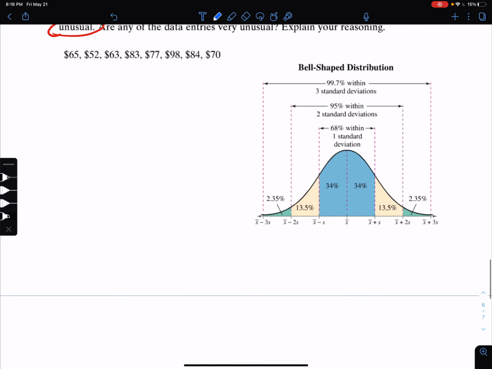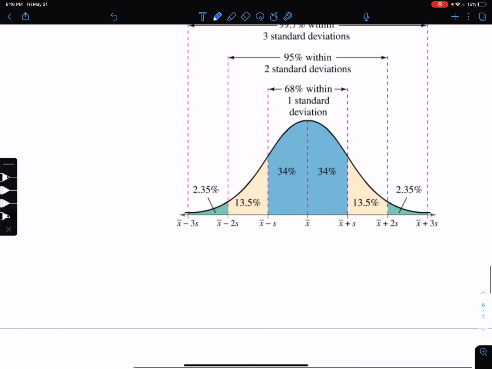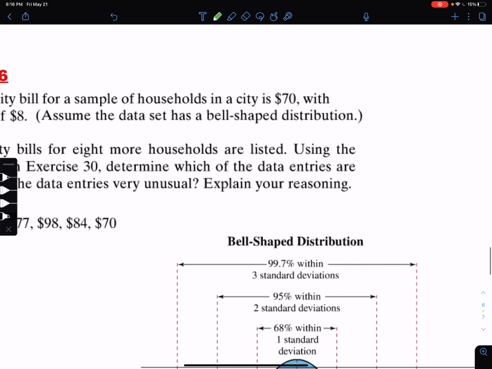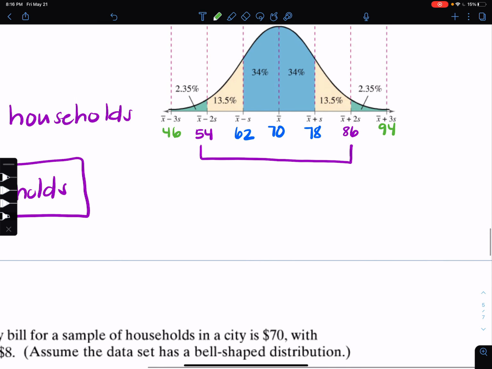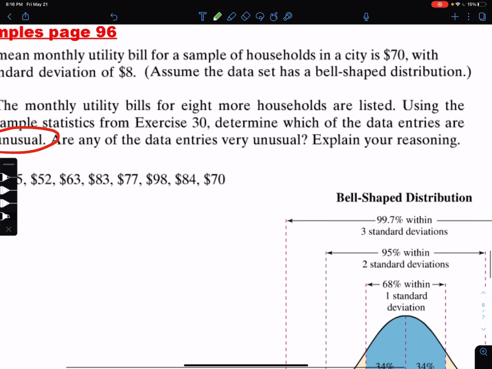Again, just to remind us, we had the mean at the center. 1 standard deviation went from 62 to 78. 2 standard deviations went from 54 to 86. And 3 standard deviations went from 46 to 94. All that we already did, so I'm just copying those over.